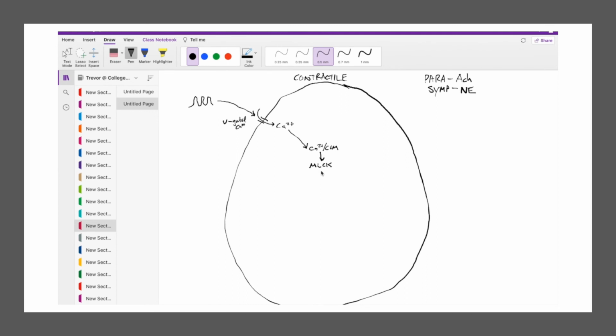That myosin light chain kinase, I'm going to draw this little mechanism right here, means we are going to add a phosphate to our myosin head, which leads to contraction.